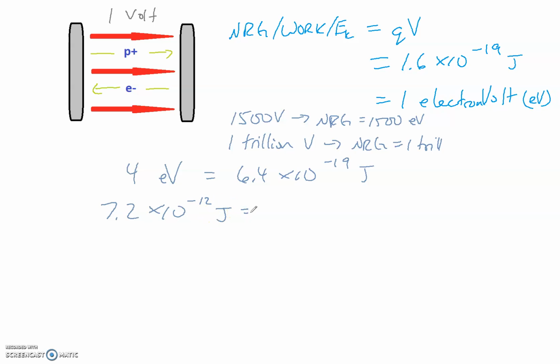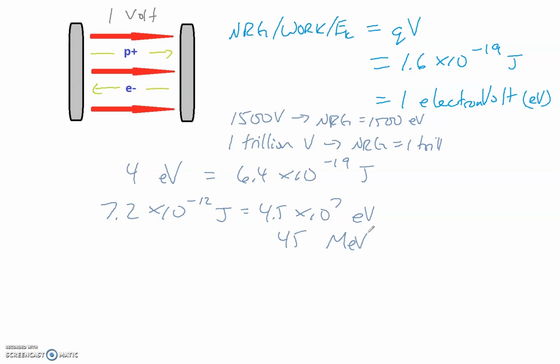So you just take the 7.2 times 10 to the negative 12 and divide that by the charge of the electron or proton, 1.6 times 10 to the negative 19 joules per electron volt. Divide the two out, and you will get about 4.5 times 10 to the 7 electron volts. It's really common to use prefixes with electron volts, so this would be 45 mega electron volts.